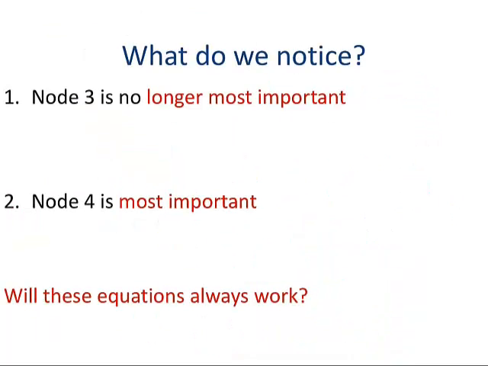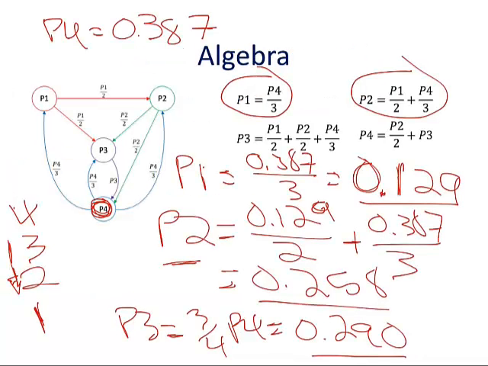So what's the difference from before? Well, node 3 now is no longer the most important node. As remember before, node 3 had an in degree of 3. So why is it that it's no longer the most important node? It is now the second most important node. The reason is that node 3 spreads all of its importance score out to node 4.